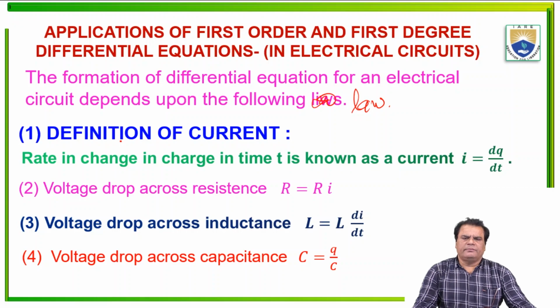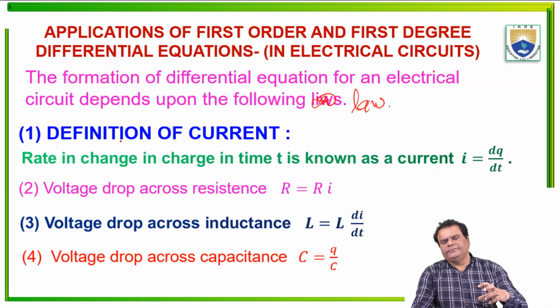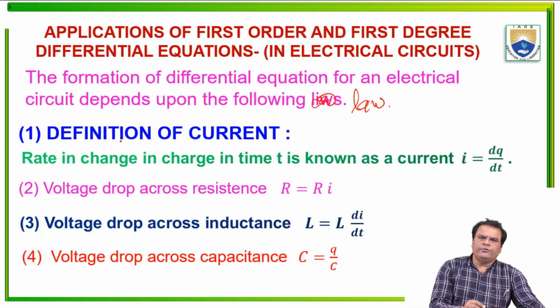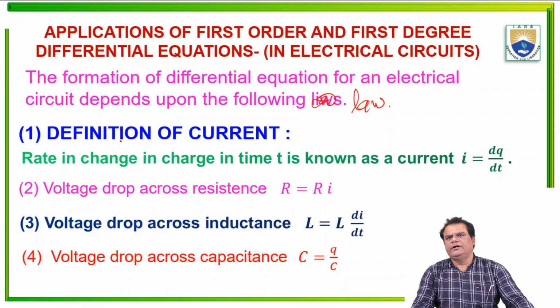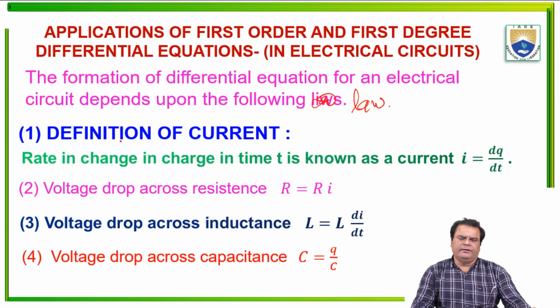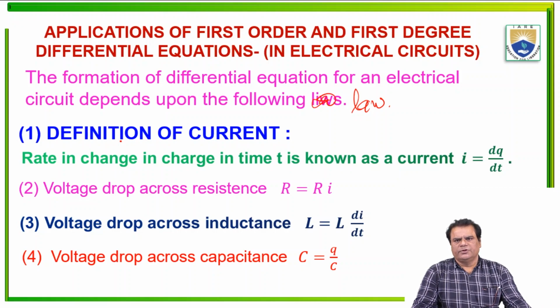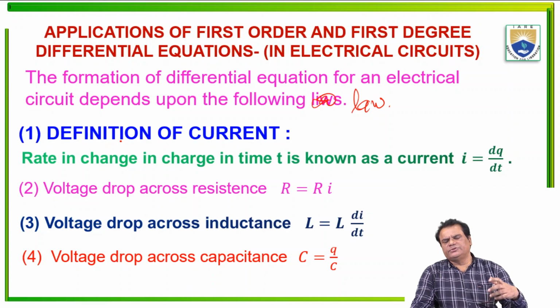Then we can apply the differential equation of first order and first degree. So first of all, I want to define some terminology of electrical circuits. Which terms are used in an electrical circuit?